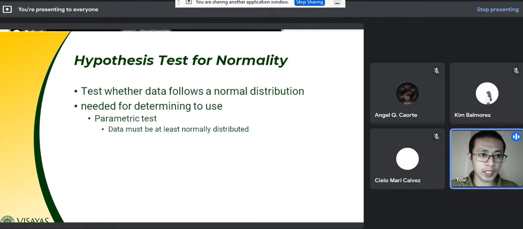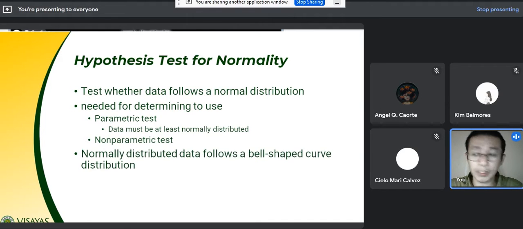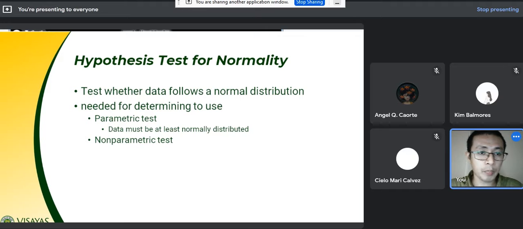But for example, after performing our hypothesis test for normality, when we found out that our data is not normally distributed, then we can opt for a non-parametric test. But again, a test for normality is just one prerequisite that must be satisfied before you can use a parametric test. If your data is not really normally distributed, there are still other conditions that can be satisfied.